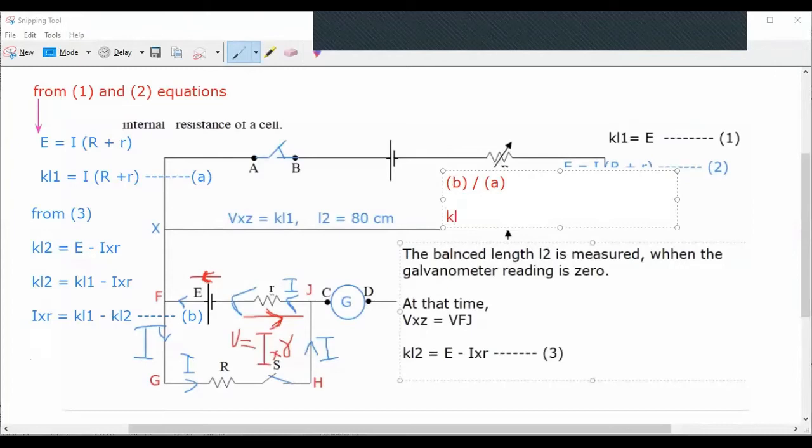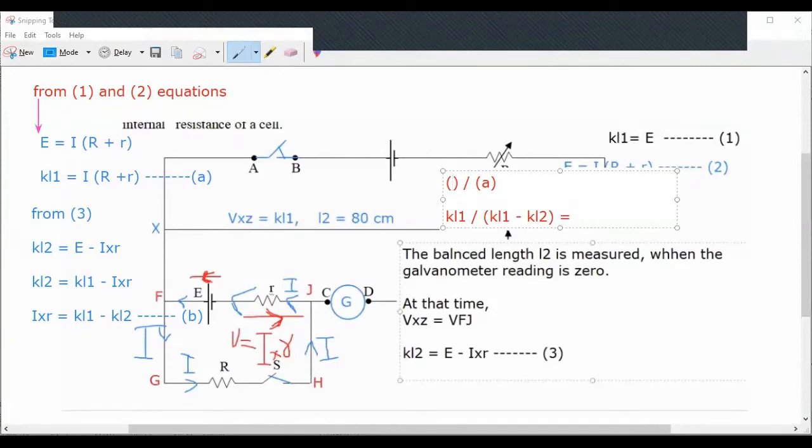I have to change the sides. I'll take K terms to one side, KL1 minus KL2, and I'll take I terms together. So equation A by B. A is KL1, B is KL1 minus KL2.